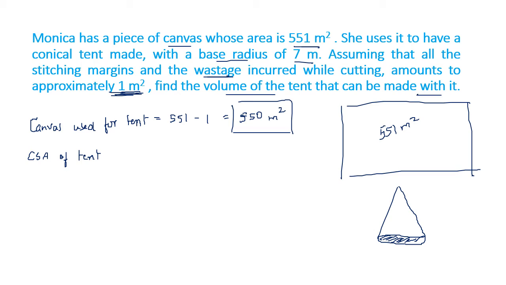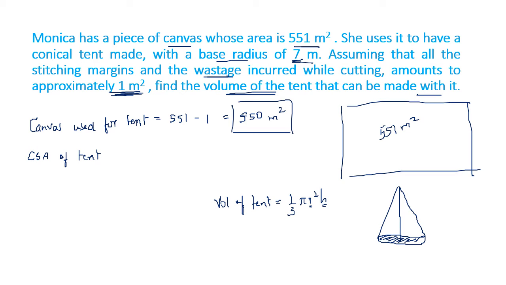Now in the end we have to only find out the volume of the tent. So the formula for the volume of a conical tent is 1 by 3 pi r square h. R is given as 7, fine. H is not given. Height we do not know, so we have to first find out the height.